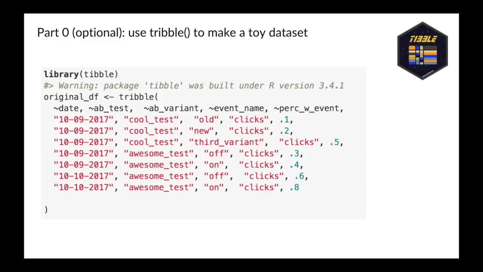So what we can see here is little tildes in front of what are going to be our column names. So date, A/B test, A/B variant. Then we enter example rows: the test, the variant, and the percent with event. So this was actually sort of a real example from when I was running into a problem, and this was the type that it was.